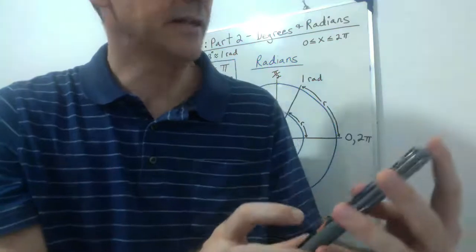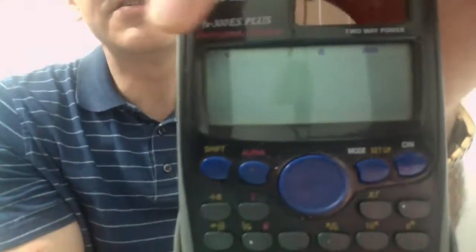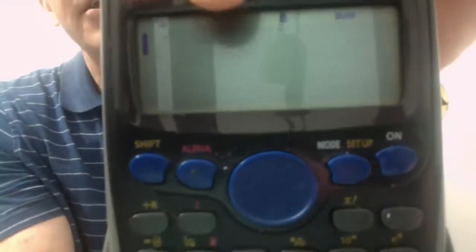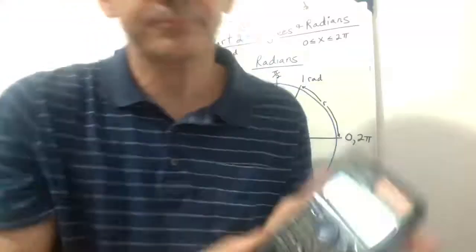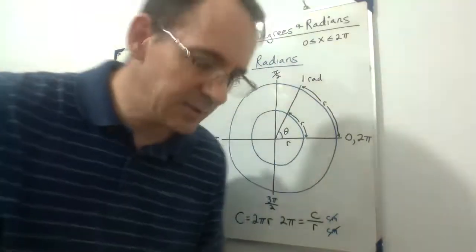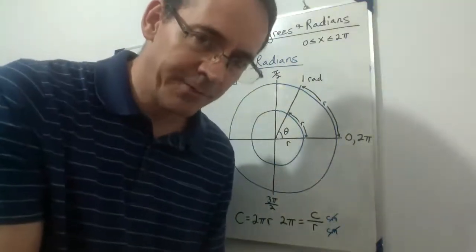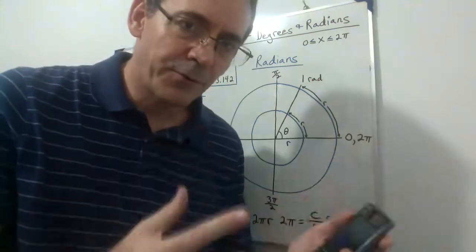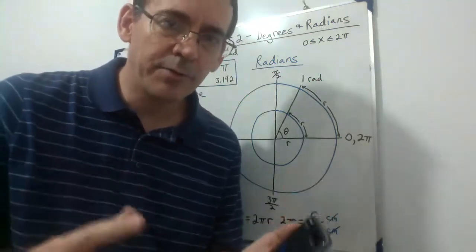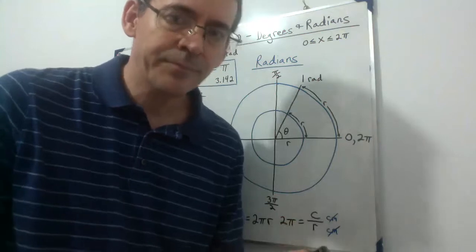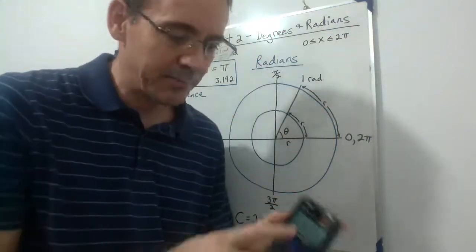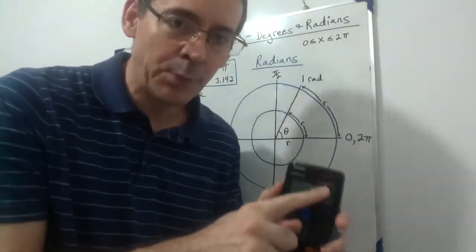When I select number 3, at the very top of the calculator, you can see a little D right there. You have to look really close because it's really small and it's right up at the top of the calculator. You see the little letter D. If you select radians, you'll see a little R up there. So before you start a problem that deals with trigonometry, check the domain and then make sure you're in the right mode.